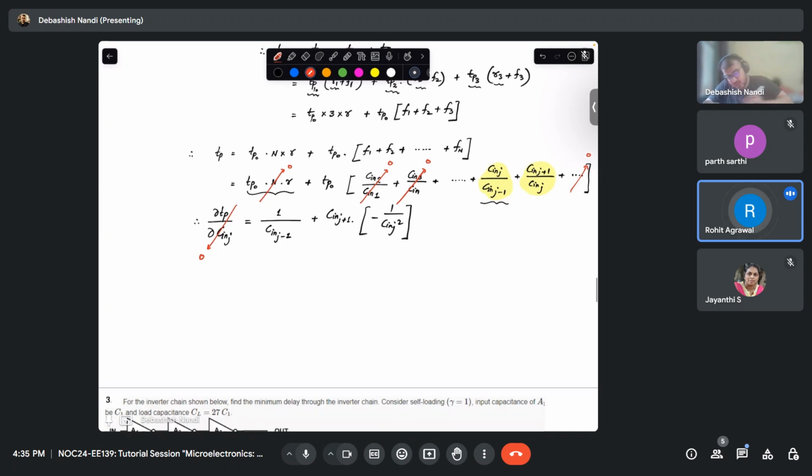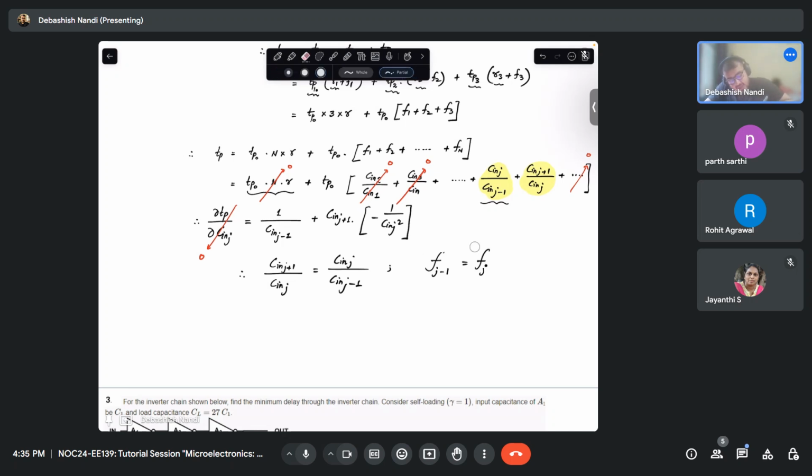If you solve this, you will get C in J plus 1 by C in J equal to C in J by C in J minus 1. That means your F of J minus 1 is equal to F of J. That is the generic form.